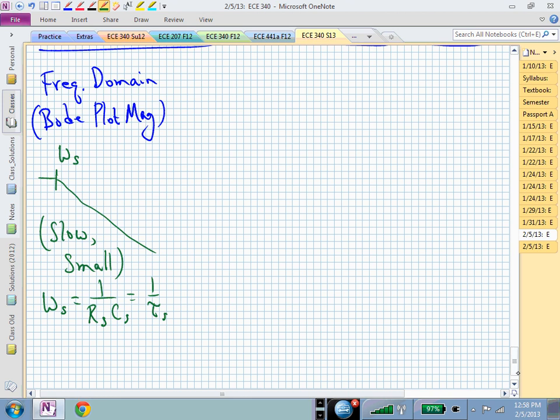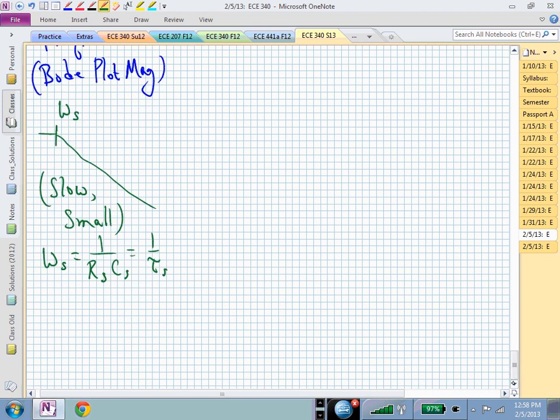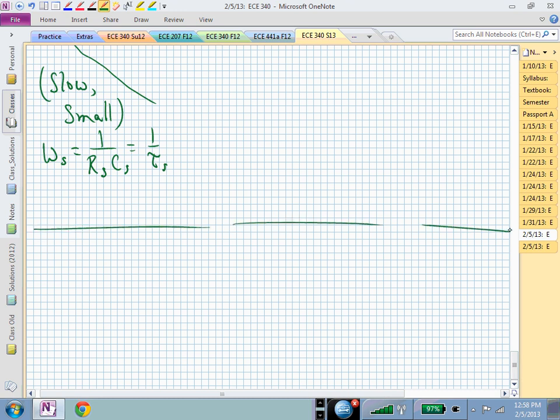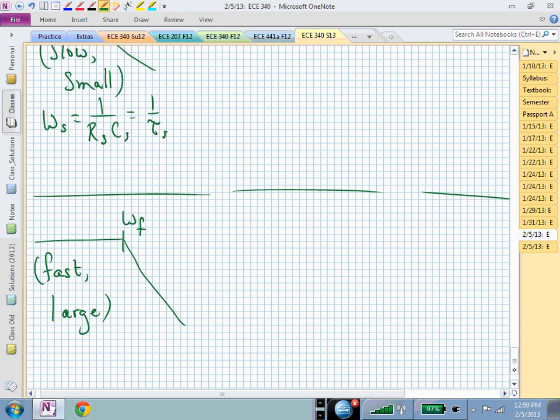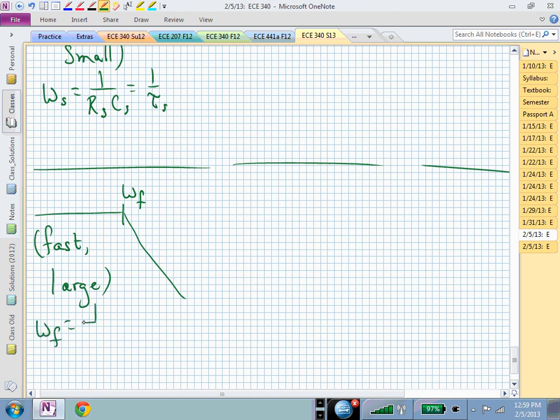And we could compare that with a system that has a cutoff frequency omega sub f, where the f might stand for fast, or maybe it has a large bandwidth. And omega sub f now depends on two different parameter values, R and C. Let's just call those R sub f and C sub f, or this is now 1 over tau sub f.